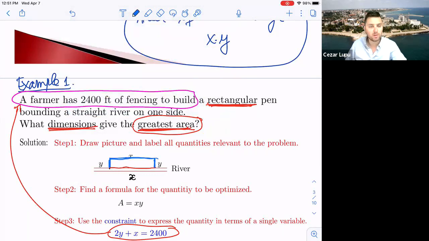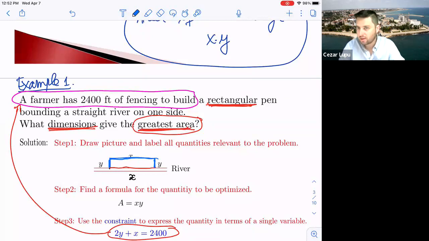It's more or less like a perimeter, but the base is missing. So that will be the constraint. In other words, we would like to maximize this quantity x times y when x plus 2y equals 2,400.